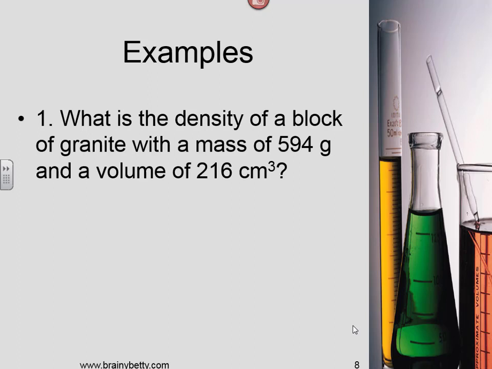Let's do some examples. What is the density of a block of granite with a mass of 594 grams and a volume of 216 centimeters cubed? First, let's make a list of what we know and what we're looking for. We know that the mass is 594 grams.